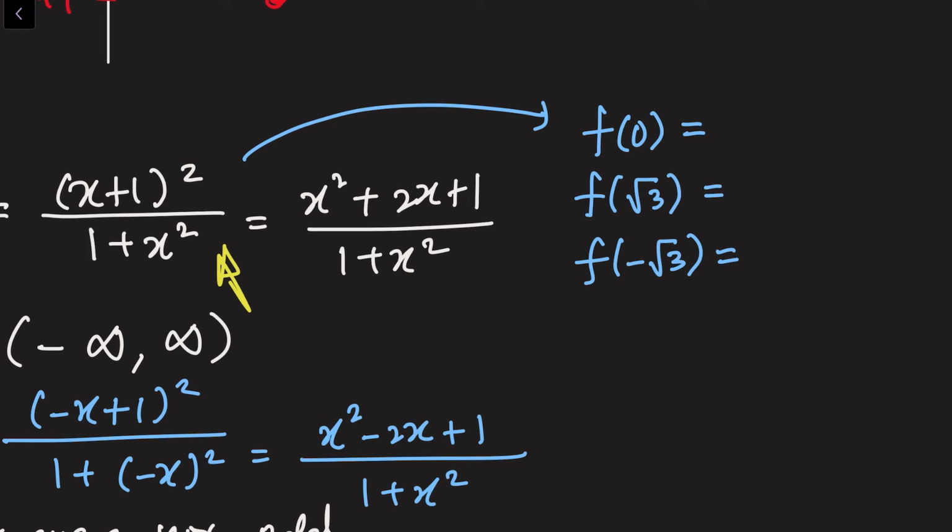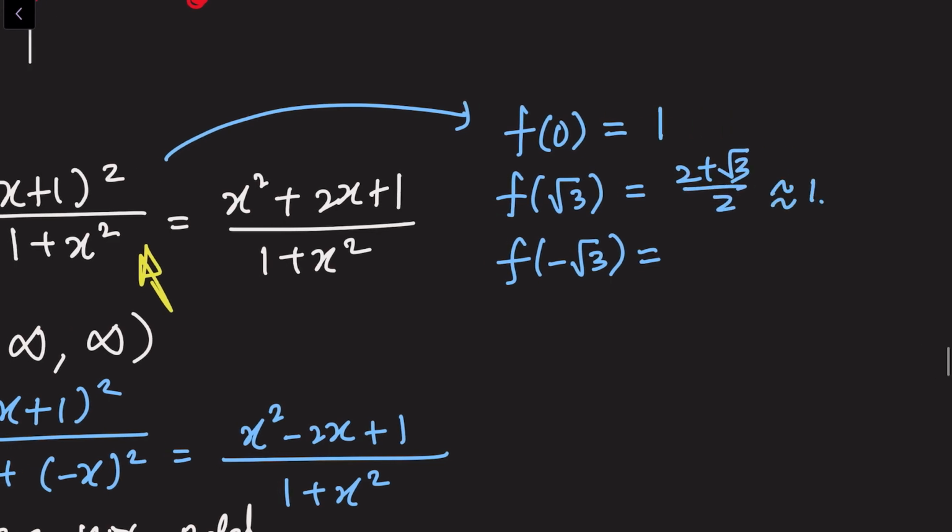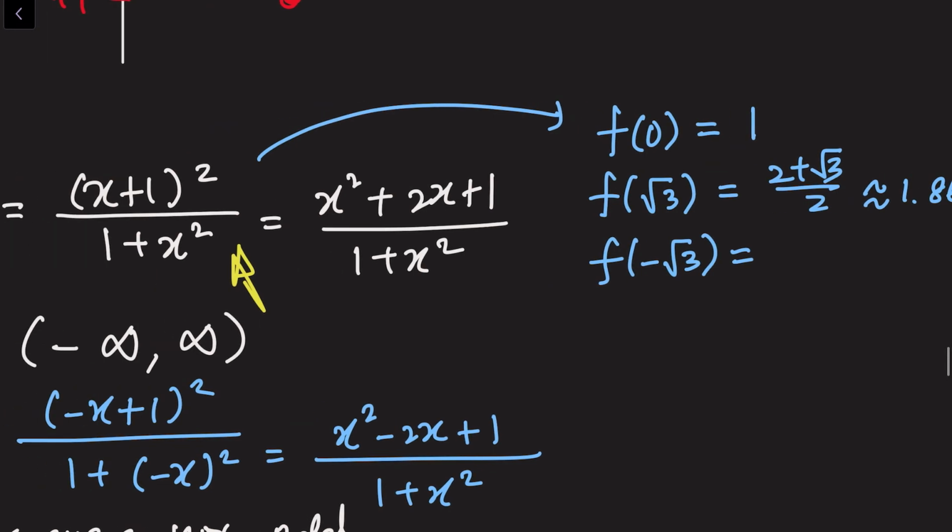So 0 plus 1 is 1 over 1, so it's 1. Then just rely on your calculator: 1 plus square root of 3 squared and then cancel out. You get a very ugly value, which is approximately 1.866. Am I doing it right?